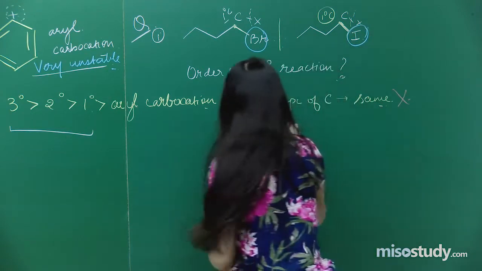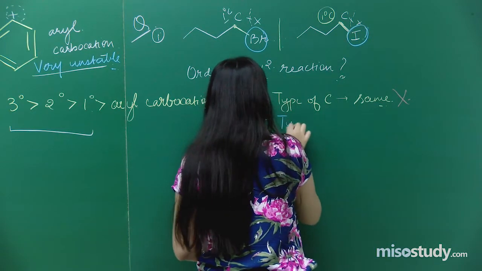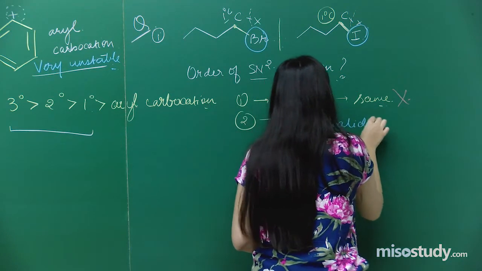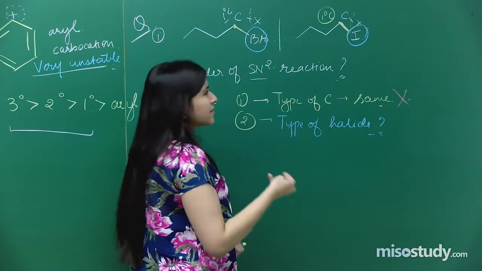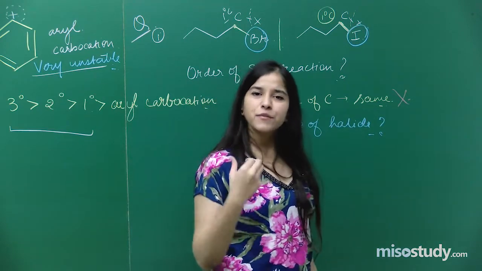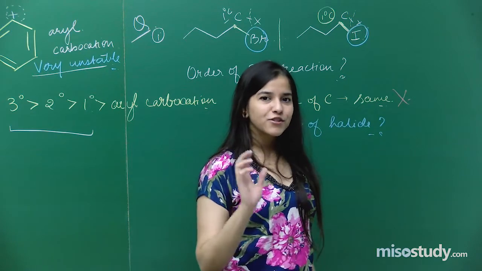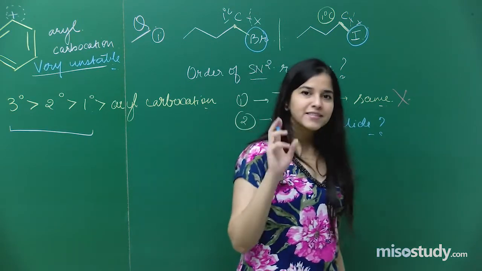Right? So what you need to choose is the type of halide. What kind of information will the type of halide give? Is it not something related to the leaving group? Yes, that's right.